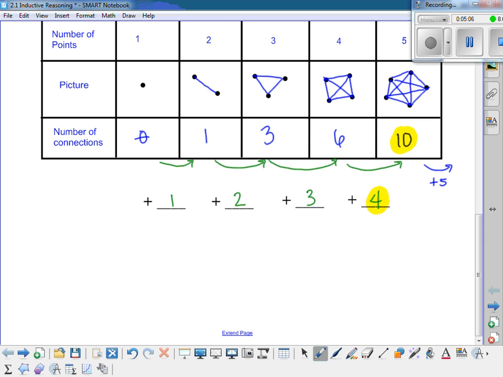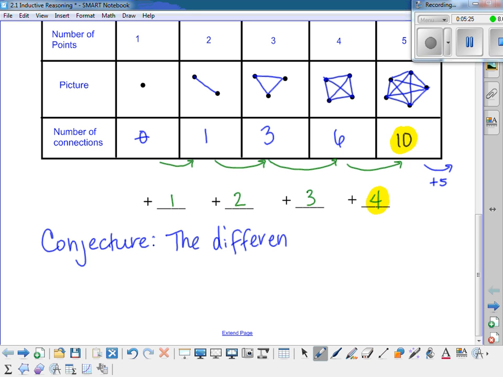So my conjecture based on that pattern would be that the difference, so here's my conjecture, is that the difference in the number of connections is increasing by 1 each time. So I'll write that down.